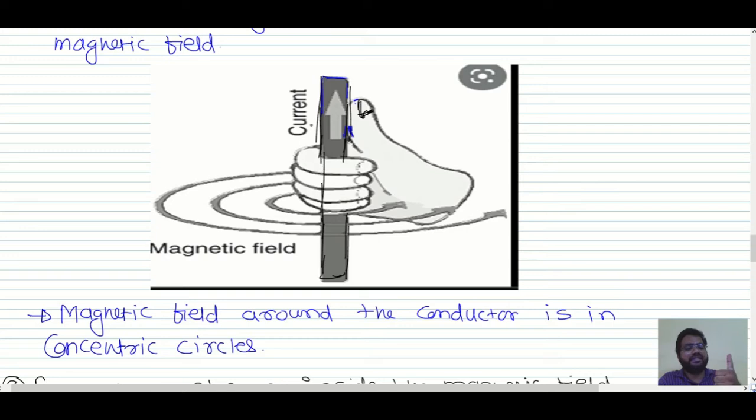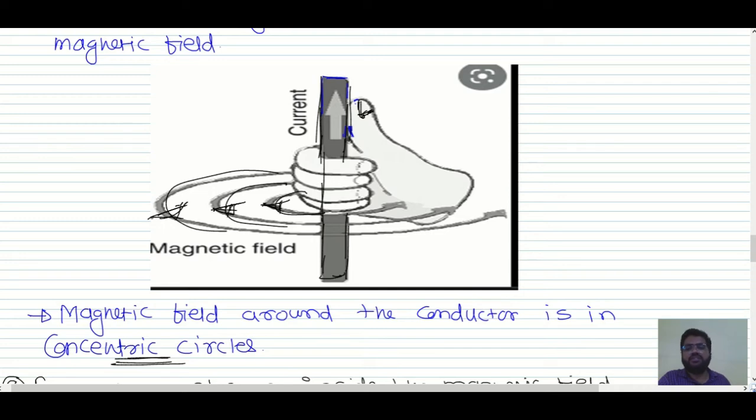Then you will see that on the right hand side these fingers are going into the plane, and on the left hand side these fingers are coming out of the plane. So the magnetic field around the conductor is in concentric circles.